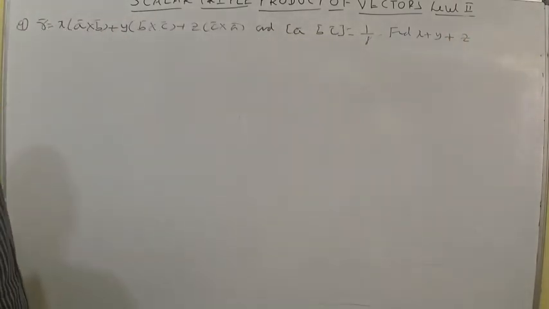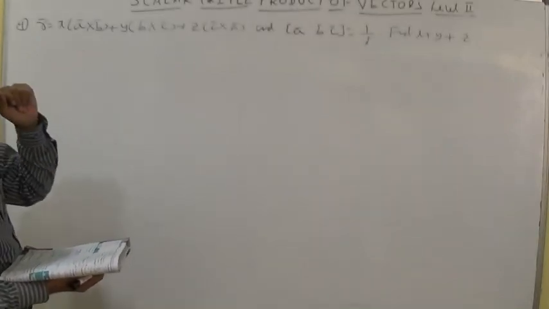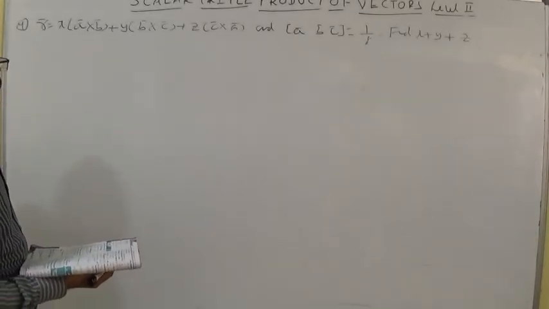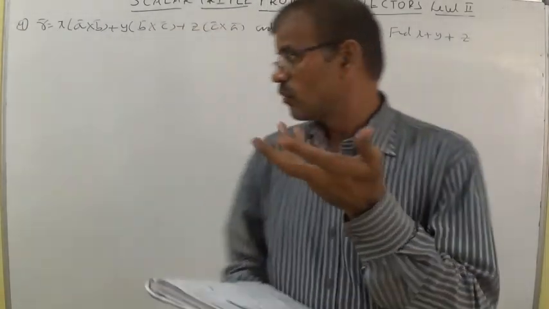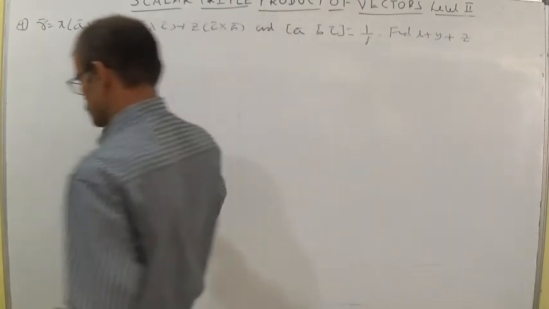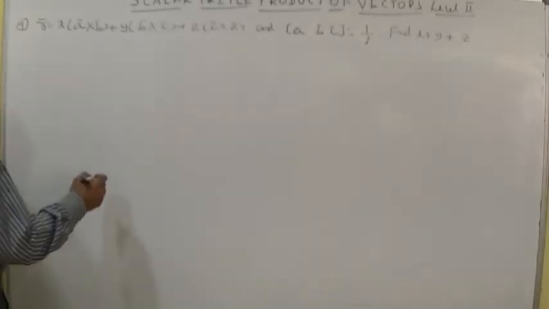So using R bar is equal to X into A cross B plus Y into B cross C plus Z into C cross A, and box ABC given, let us multiply with A. I am writing here R bar dot A bar.